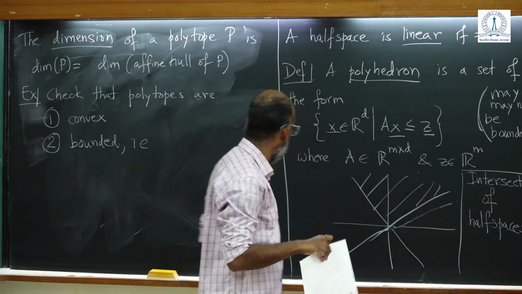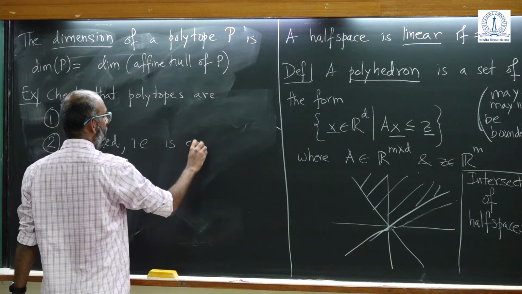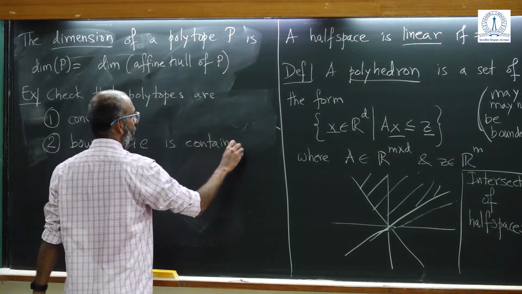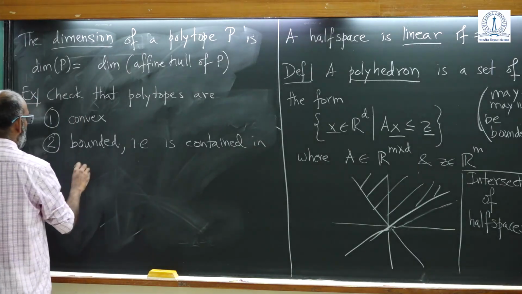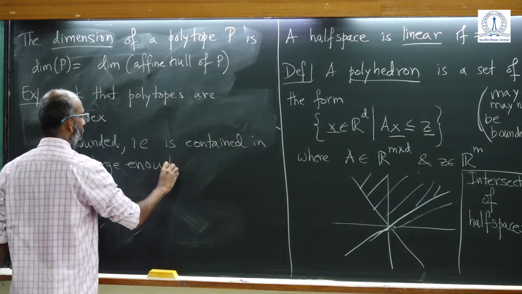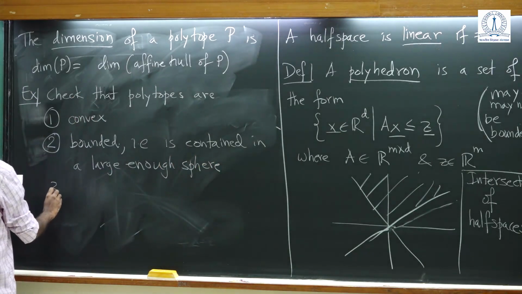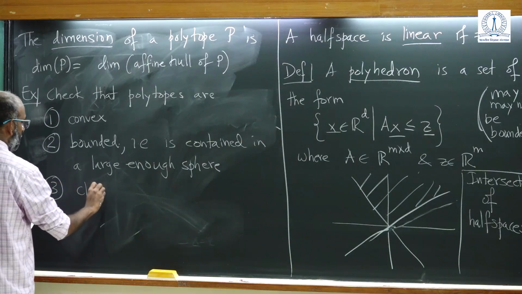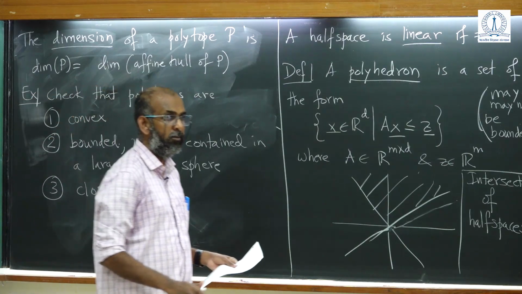So then it becomes bounded, i.e., it is contained in a large enough sphere. And 3 is that it is closed.